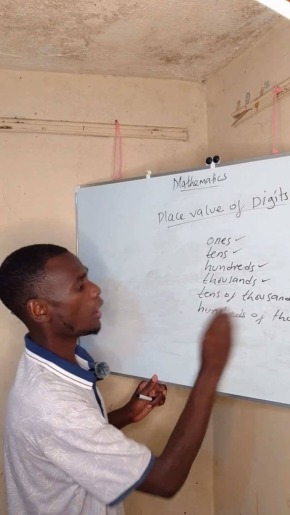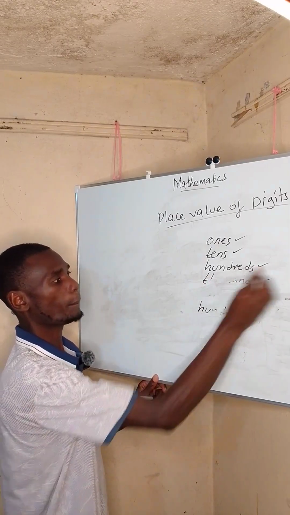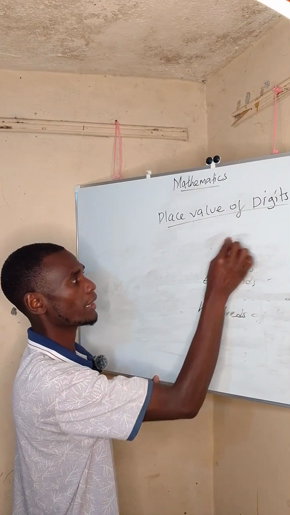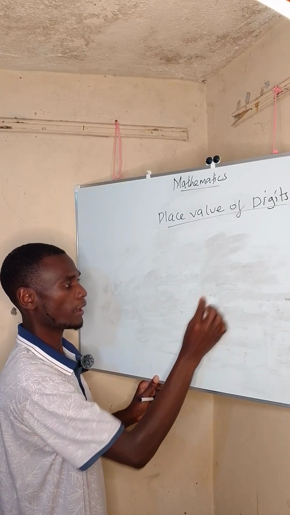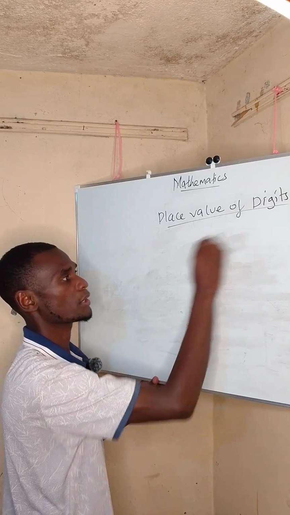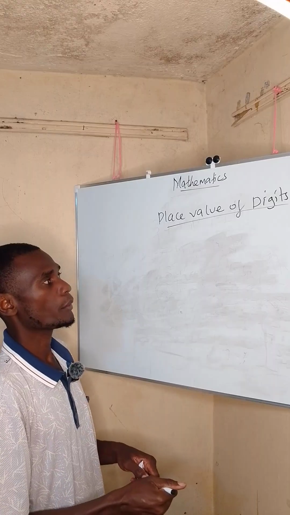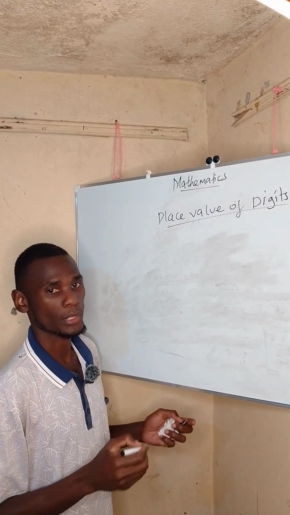So how do we get the place value of a number? Place value of a number simply means the position where that particular digit is in a given number. And we always use these words when we are referring to place value.